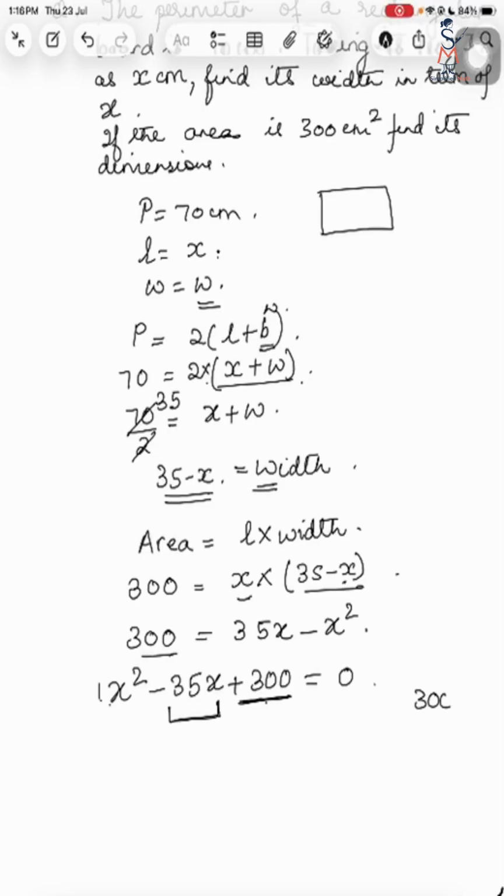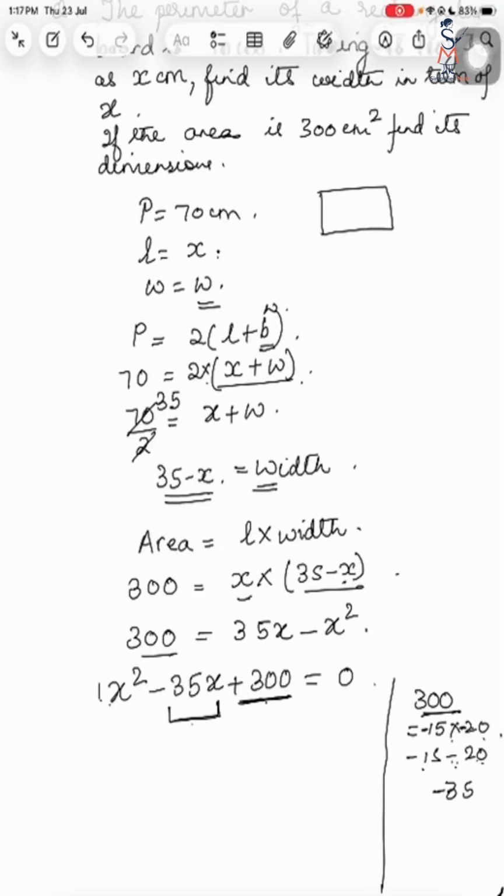So 300 we can write as 15 into 20, right? When you multiply 15 into 20, you get 300. And when you do minus 15 and minus 20, minus minus is plus, and 15 plus 20 is 35, and the sign will be minus because 20 is the bigger number. This we know, we have learnt in integers.